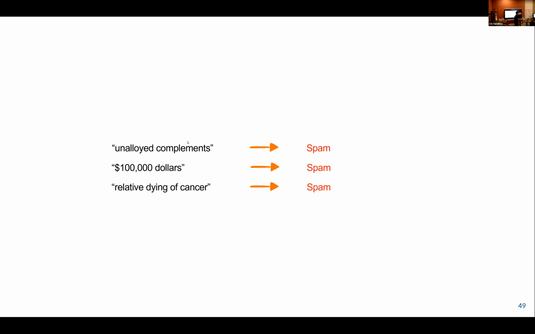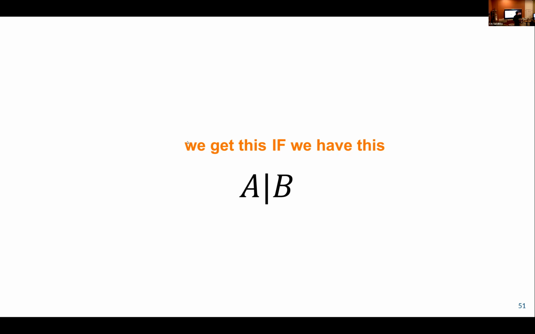So in other words, we can write this mathematically. Perhaps if we have this, then we get this, right? So we get A if we have B, or we get spam if we have large sums of money, or terrible grammar, or something like that. So yeah, we get spam if we have Nigerian prince.